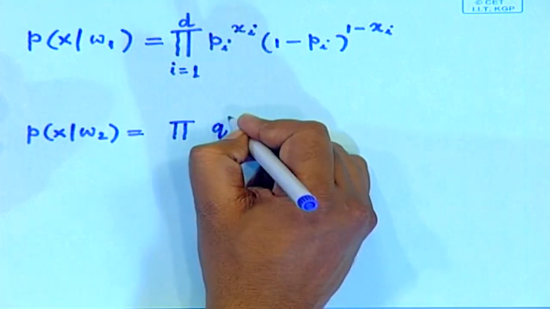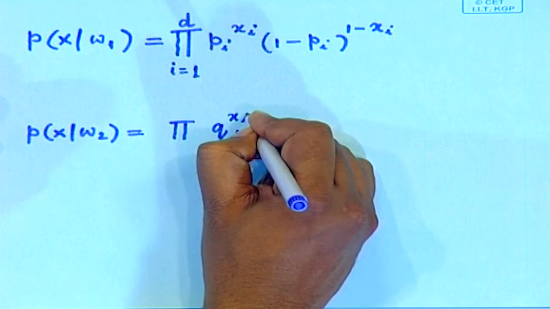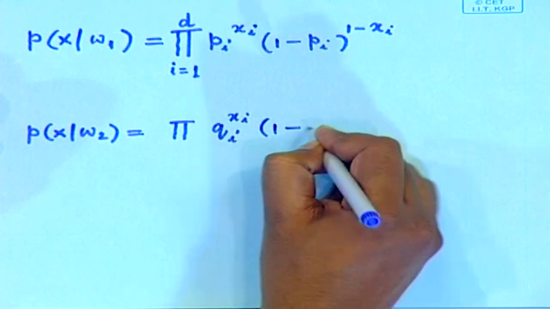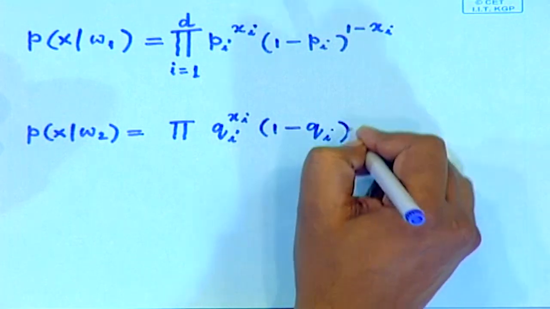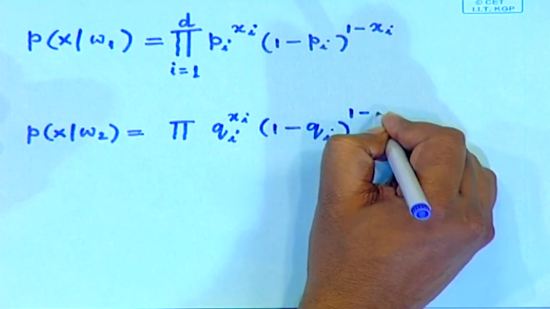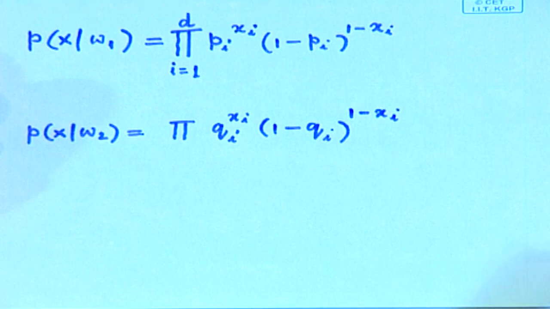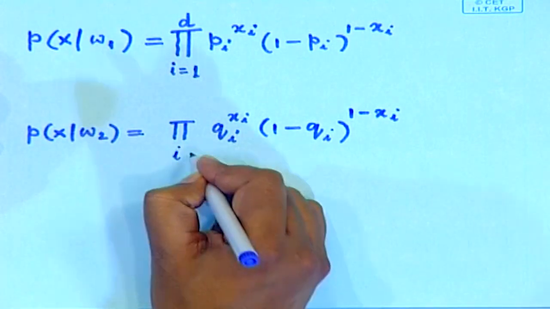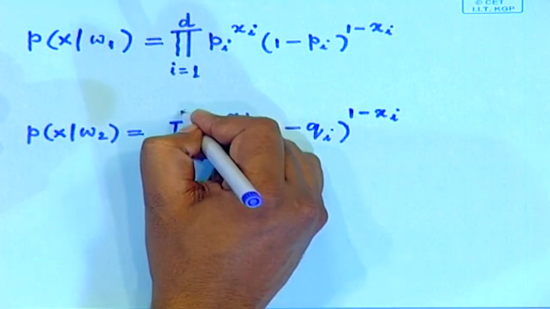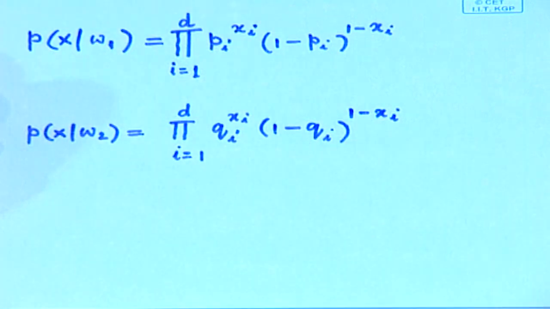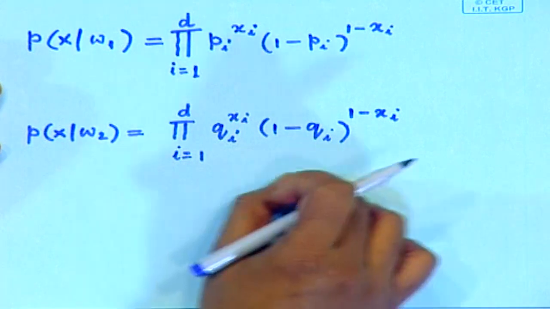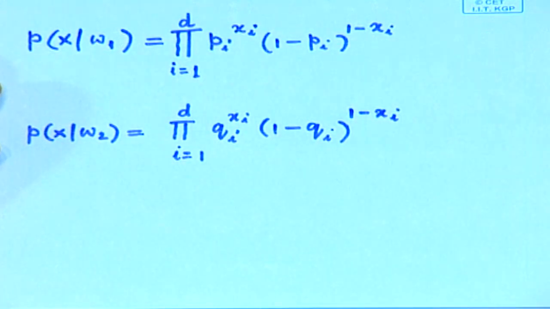So, I will have qi to the power xi into 1 minus qi to the power 1 minus xi. Take the product from i equal to 1 to d, where d is the dimension of the feature vector, so I have d number of components in the feature vector. So, these are the two class conditional probability values.